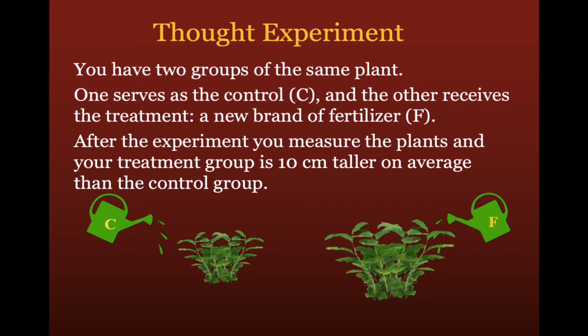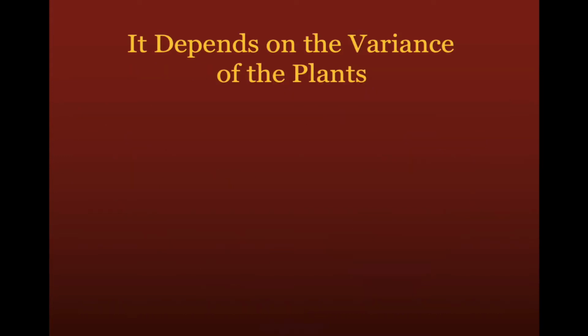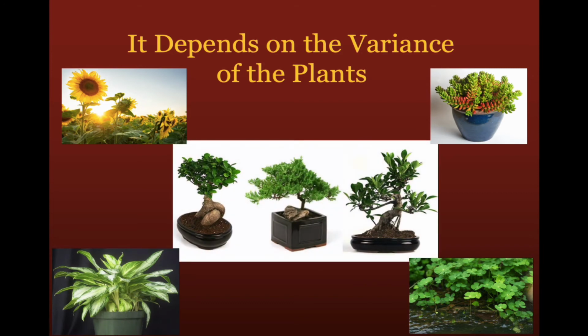So the average of your fertilizer group is 10 centimeters taller than the average of your control group. Does this provide you with good evidence that the fertilizer caused the plants in that one group to do better than the plants in the control group? The reality is it all depends on the variance of the plants, so how varied they are between each other.